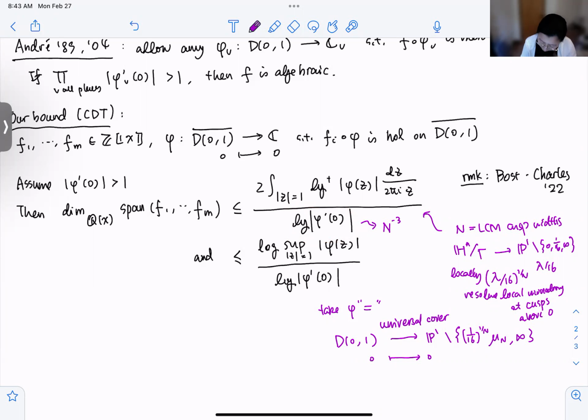And then okay, I put quotation marks because we cannot take the universal cover here. We assume it to be holomorphic on a small neighborhood of the closed disk, but that's only one natural thing you could do. You shrink this one a little bit, take a small radius r going to 1, and do the integration there.